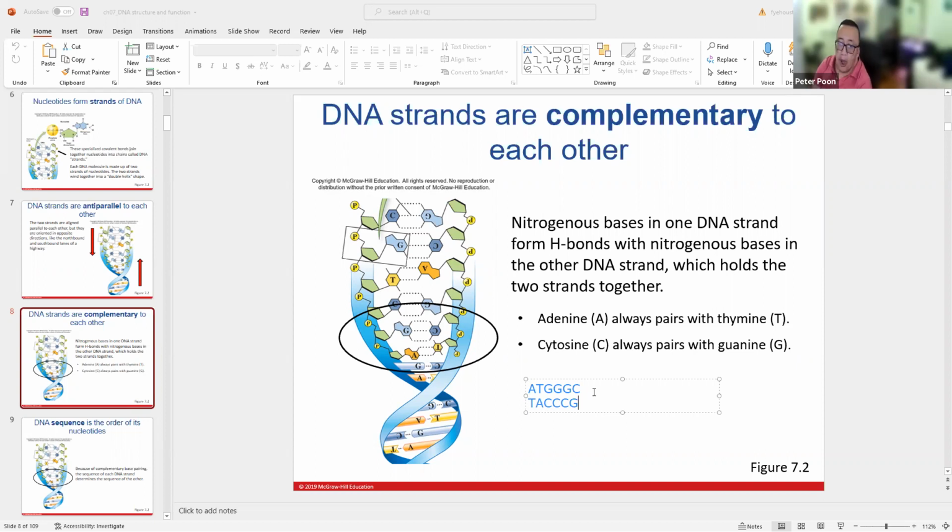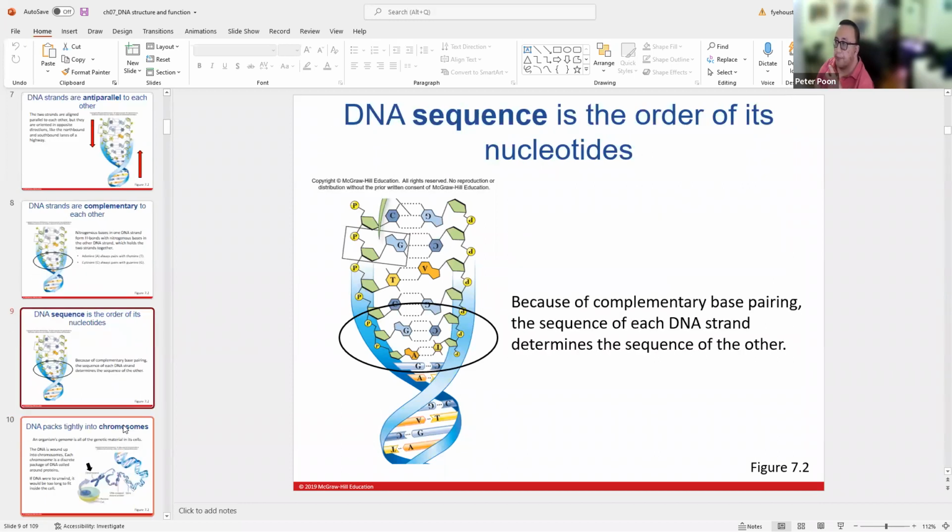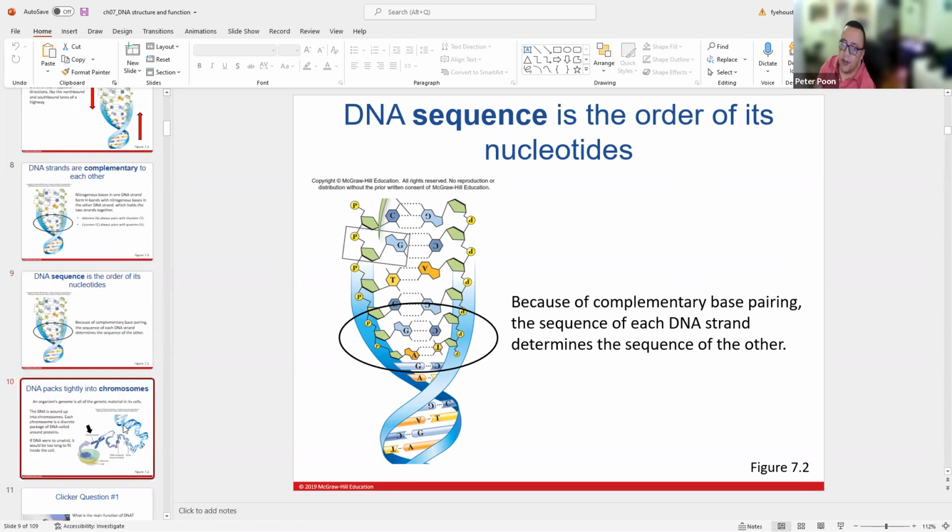If I know one side of the DNA sequence, I automatically know the other side.